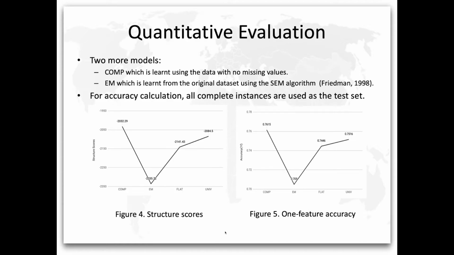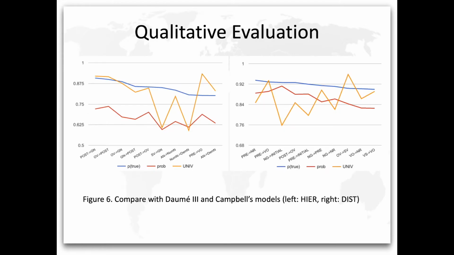It just so happened that the 2 graphs look similar. COMP has the best performance in 2 metrics because we use the same dataset as a test set. And then among the other 3 models, Univ has the best performance.